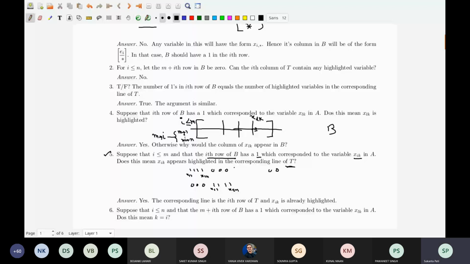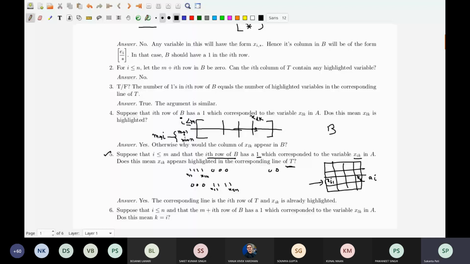It will be a row itself, and this row has the variables xi1, xi2, xi3 up to xin, and you would have written ai here. Remember, that is how you write. It is like xi1 up to xin, and then the total is ai. Anyway, xik you have already highlighted, so it will appear in the corresponding line of T, no problem.